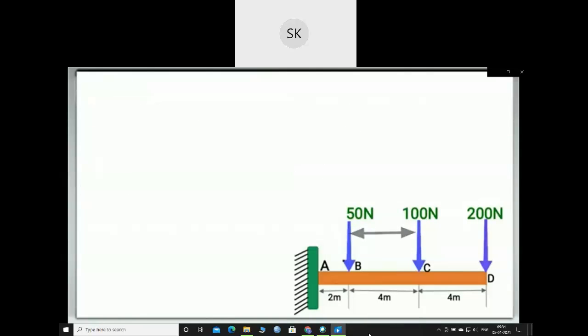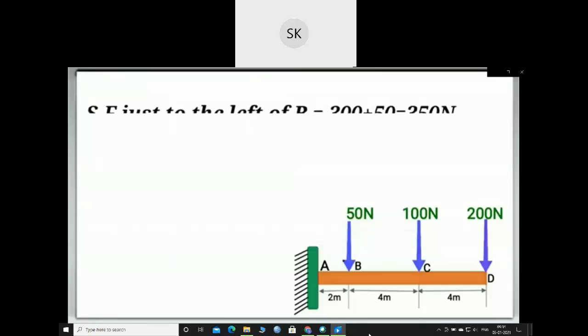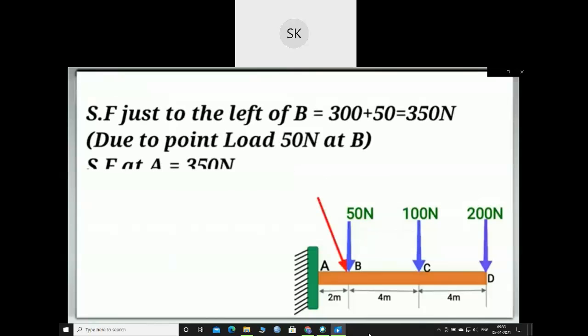Now shear force just to the left of point B will be equal to 200 Newton plus 100 Newton plus 50 Newton equal to 350 Newton in total.